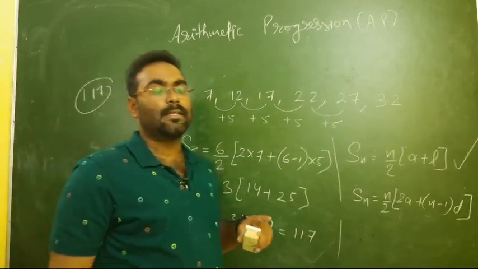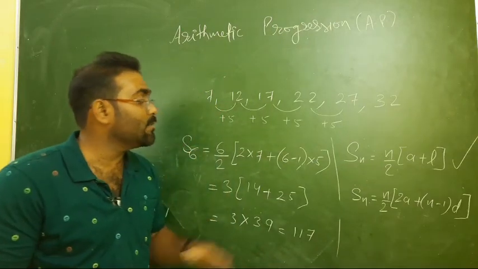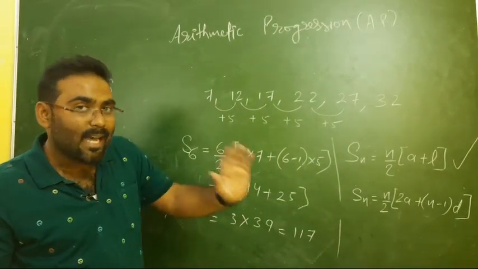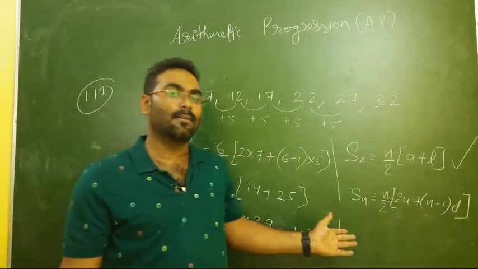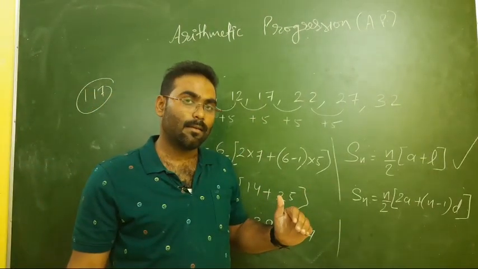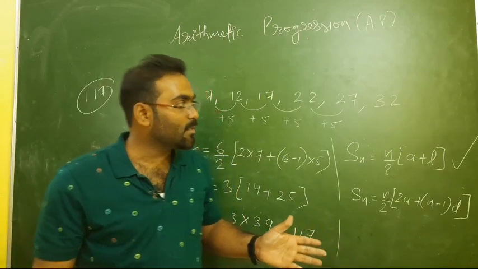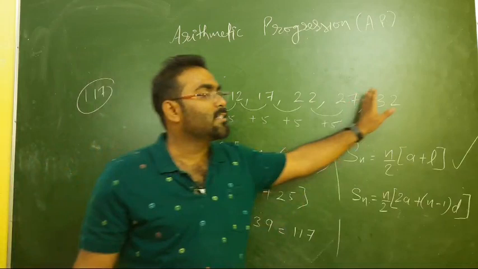So here you got one thing, that in both cases the answers are the same. But the examiner who is going to ask the question will try to keep you distracted. Sometimes the last term will be missing.